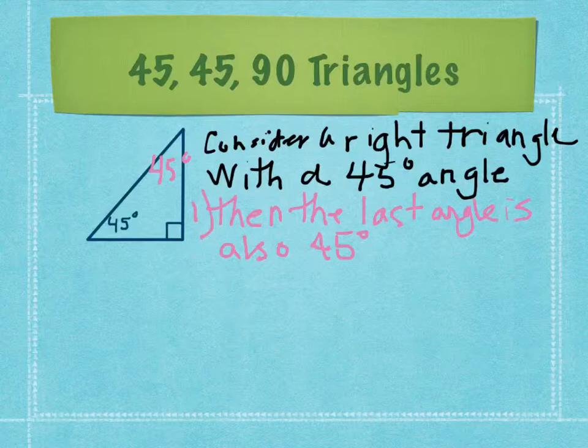Second observation is that if I have angles that are the same measure, then the sides opposite them are the same measure. Right? That's what I was just talking about, the isosceles condition there.